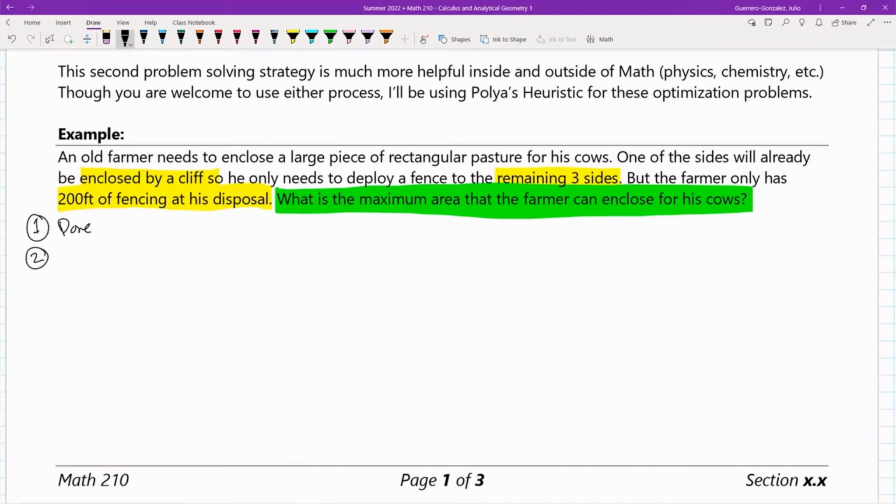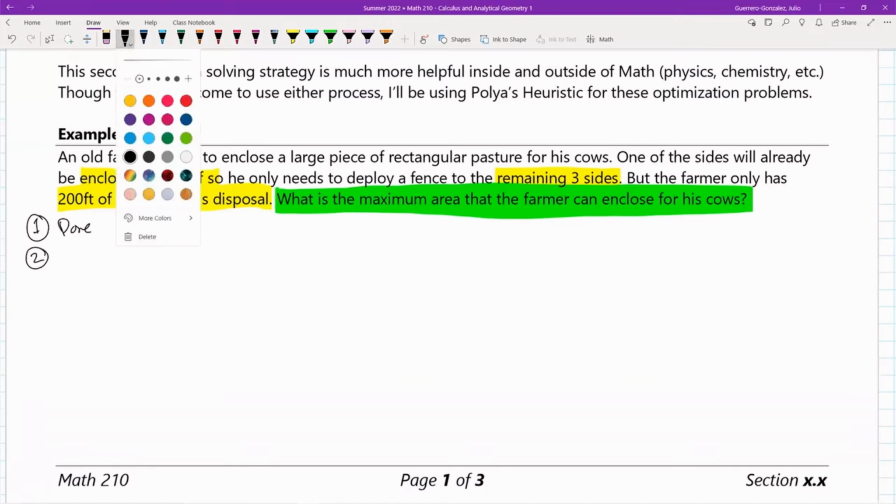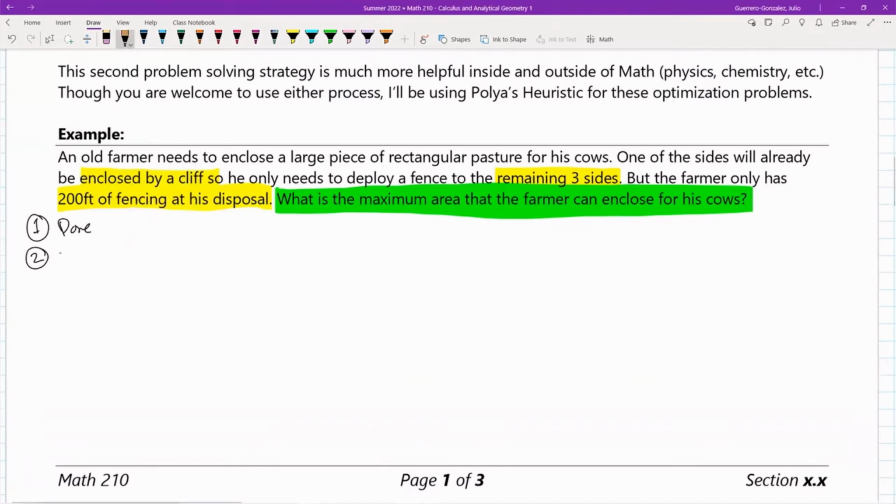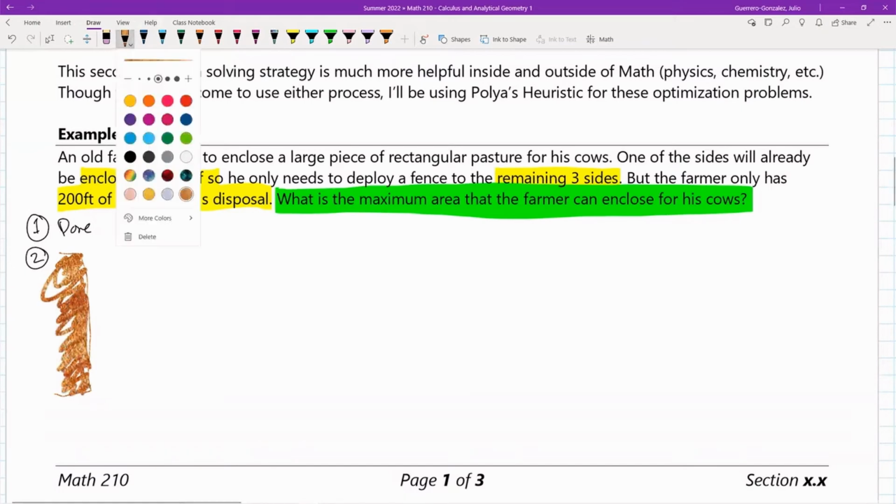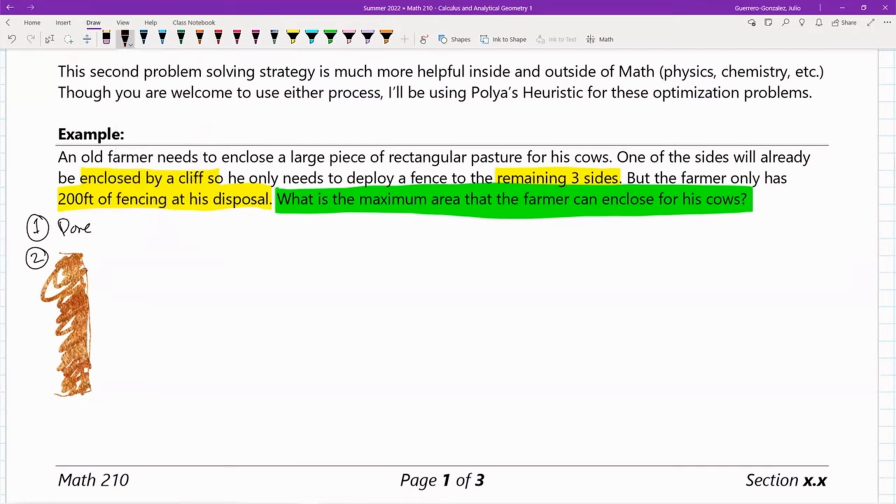So let's go ahead and draw a picture, right? Make this a little thicker like that. Here's our cliff, right? There's our cliff. And let's draw in now our rectangular thing, right?